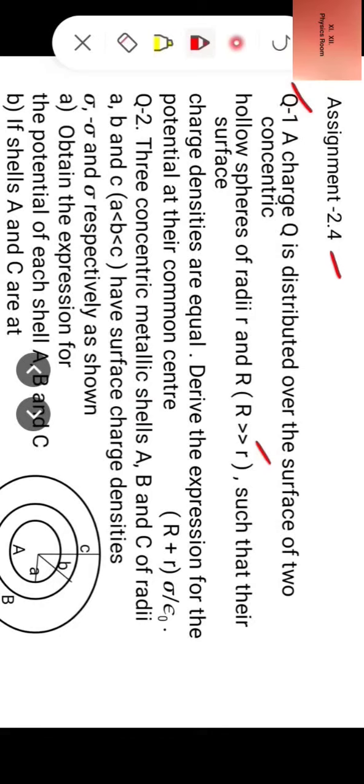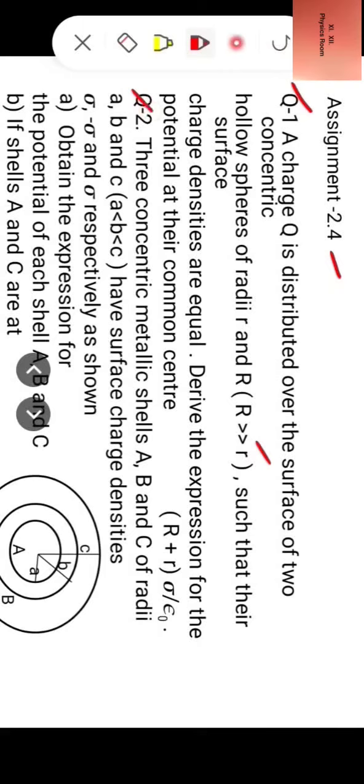Derive the expression for the potential at their common center. The answer would be (capital R plus small r) sigma by epsilon 0, where sigma is the surface charge density.